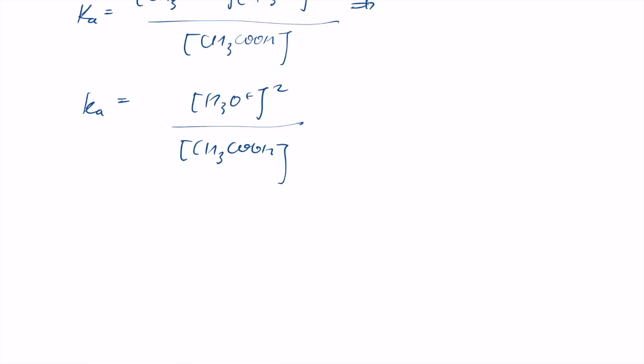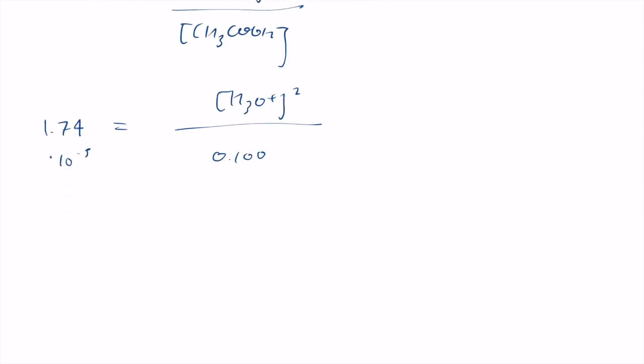And we do know a couple of things. First of all, we know what the concentration of our ethanoic acid is, 0.1. And we also know what our Ka is. It's 1.74 times 10 to the negative 5. But we don't know what H3O plus is, okay?